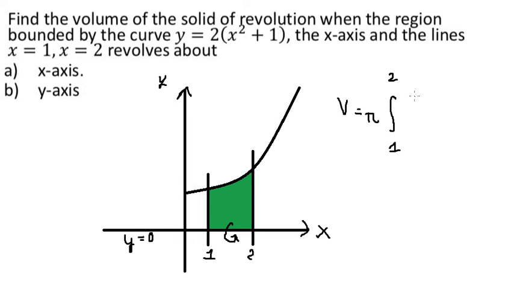So that means we got the function in here. Because the curve is above the line, you got 2 multiplied by x squared plus 1, everything to the power of 2, minus 0 squared in here.